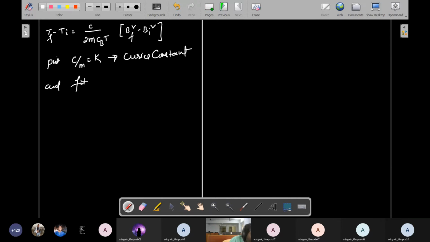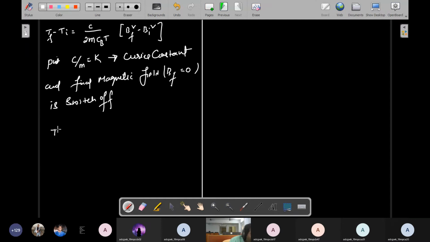So the final magnetic field Bf is equal to 0. The final magnetic field is switched off, because we switch off the magnetic field after. So that's why you will consider this value as 0.